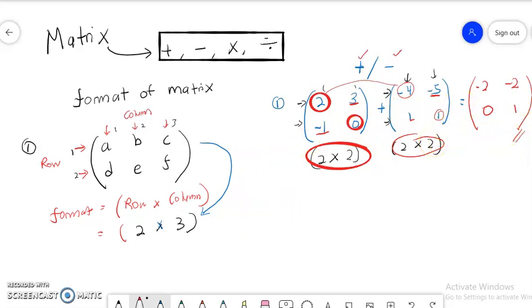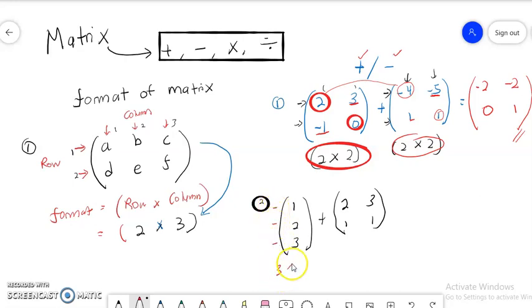Now, for the second question, I'm going to change the format. 1, 2, 3, I'm going to plus with a matrix of a different format, 2, 3, 1, 1. Now let us list down the matrix formats. Here it is 3 times 1, and here it is 2 times 2.